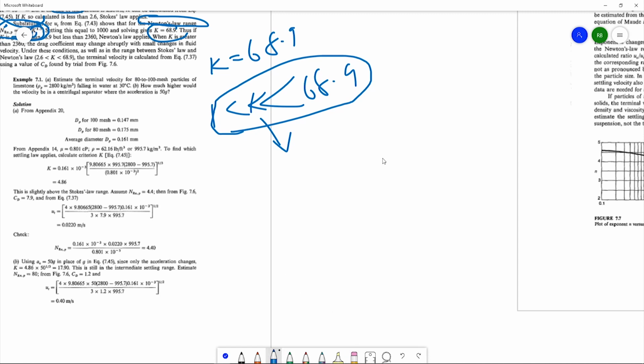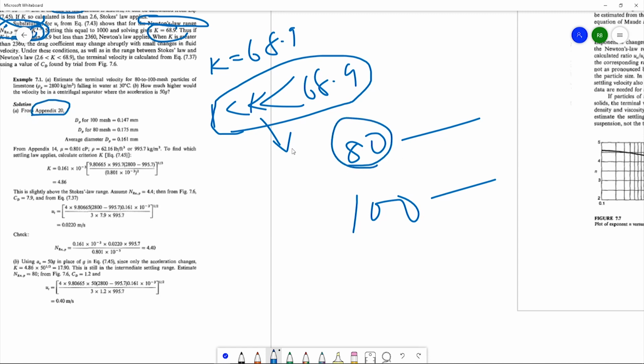Now to find the particle size, it is saying that it is between 80 to 100 mesh, right? So I have to find the average between these two diameters. If you see appendix 20 of this book, for 80 mesh, the diameter is given as 0.175 millimeter, and for 100 mesh, it is 0.147.